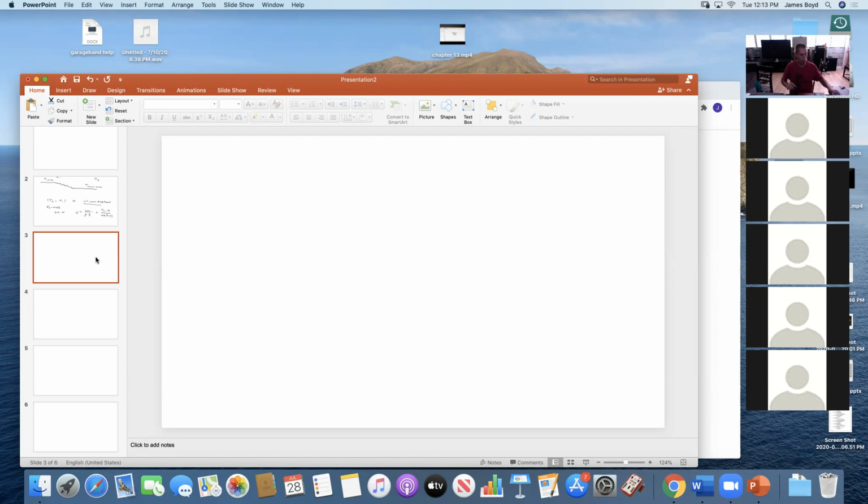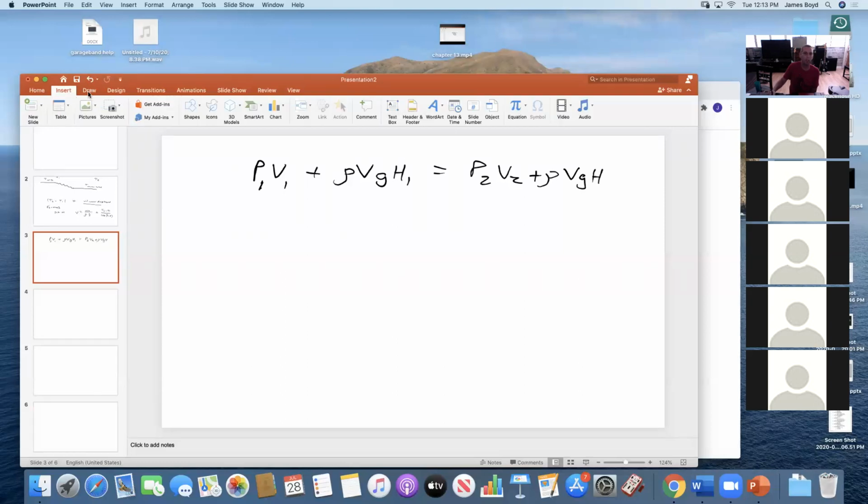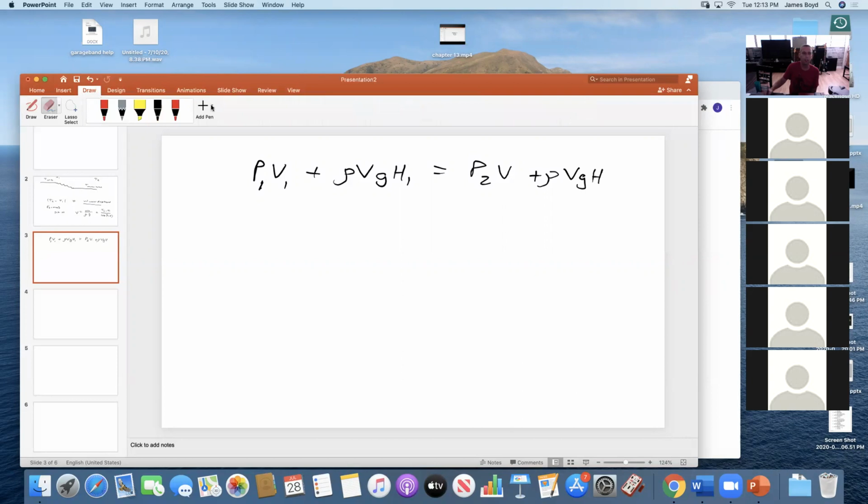energy, we could find that PV at, let's say, let's call this 1, plus rho times V times G times H1 is equal to pressure times V2 plus rho VGH, nope, I don't need a 2 there.